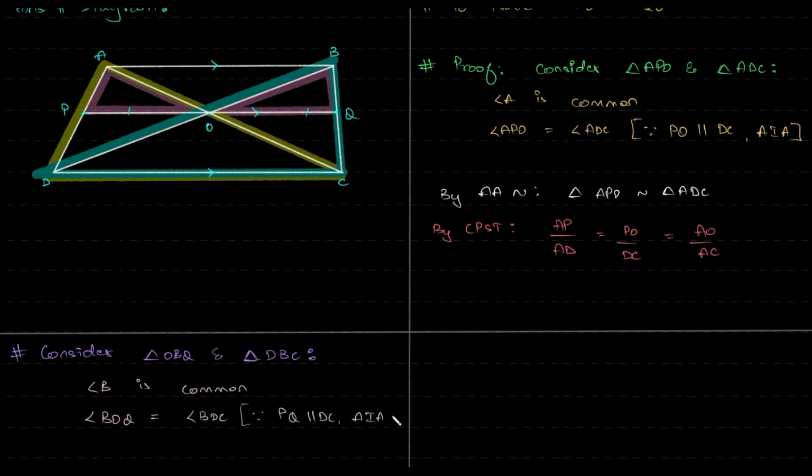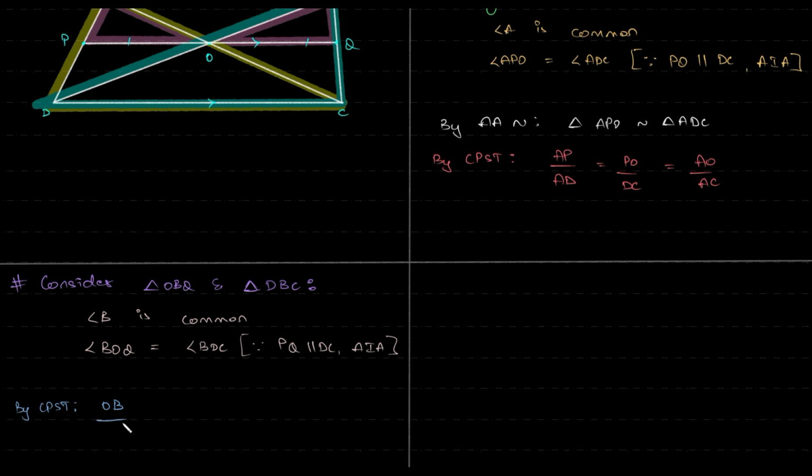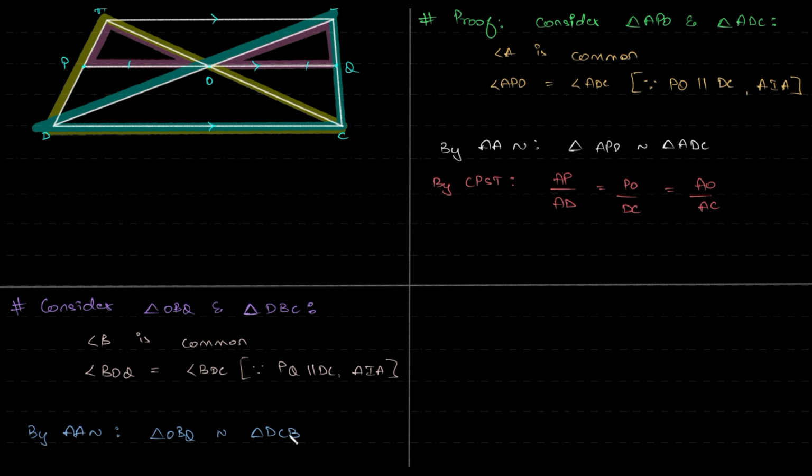By AA similarity, triangle OBQ is similar to triangle DBC.